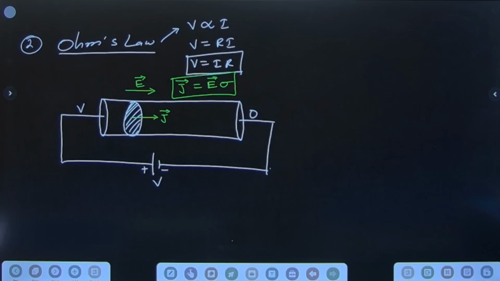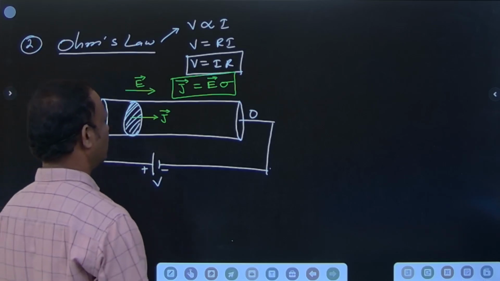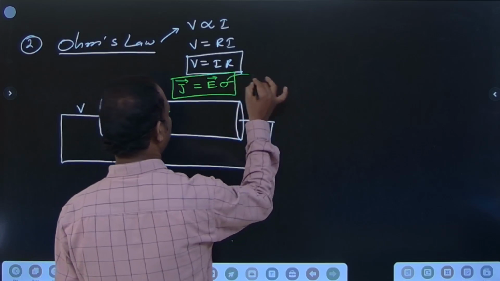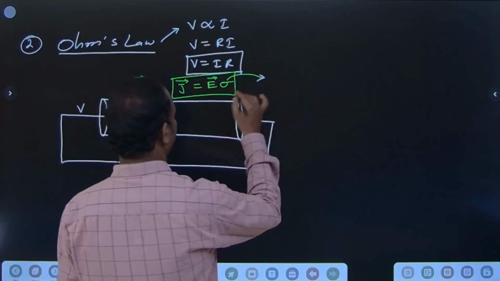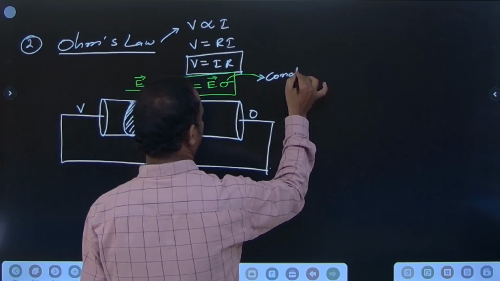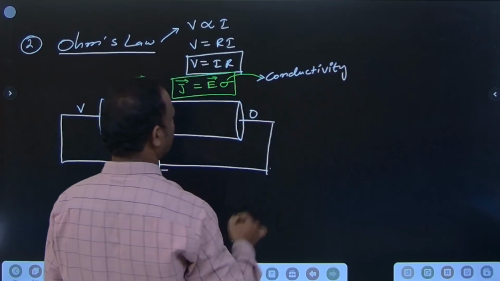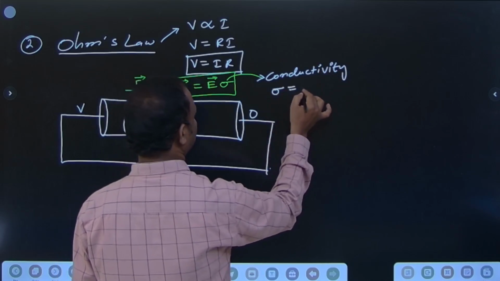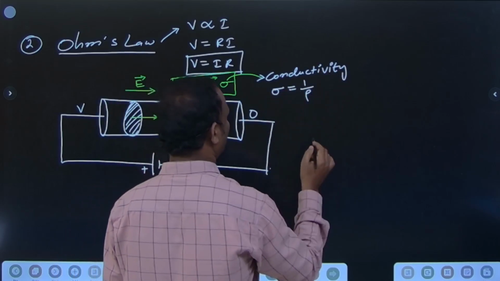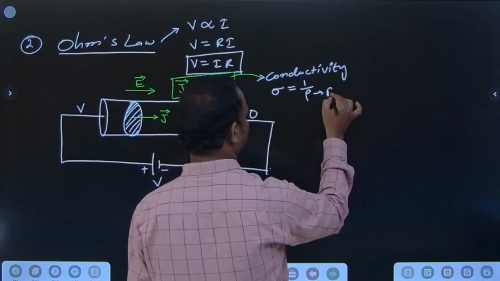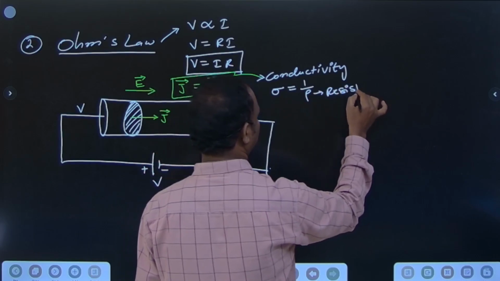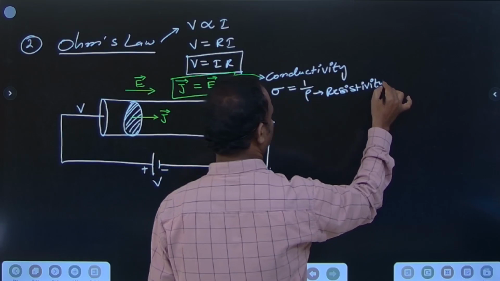Current is a scalar, current density is a vector. This sigma is called conductivity. Conductivity sigma is equal to 1 by rho, where rho is the resistivity.